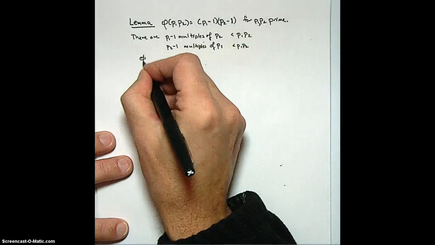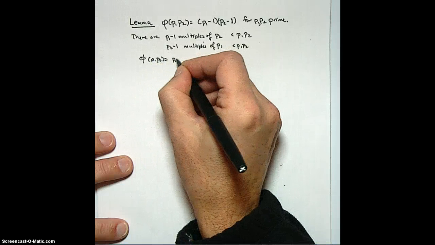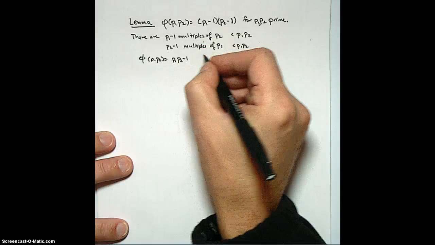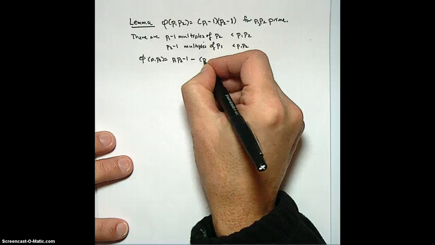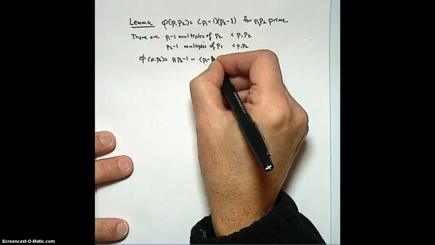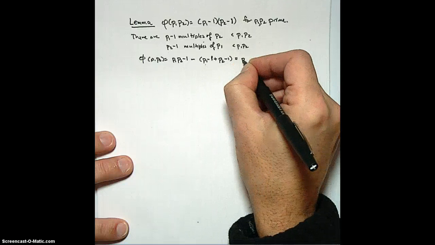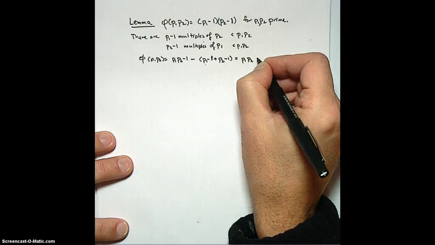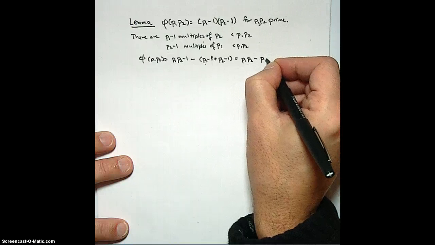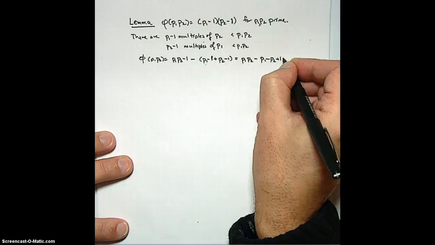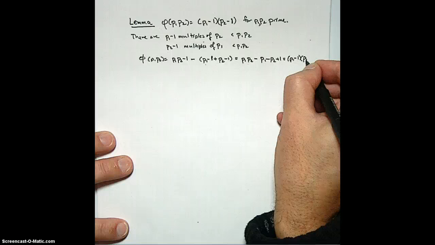So phi of p1 p2 is p1 p2 minus 1 minus (p1 minus 1) minus (p2 minus 1), which is p1 p2 minus p1 minus p2 plus 1, which is p1 minus 1 times p2 minus 1.